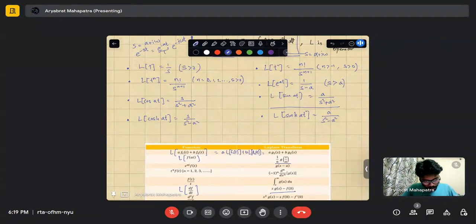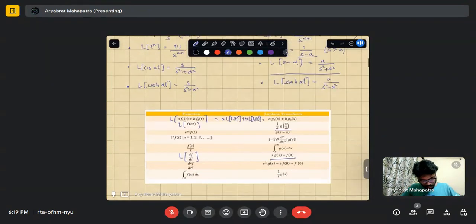We can use that property in the question we are trying to see right now. And also we have the exponential: the Laplace transform of e^(at) gives you 1 over s minus a. Using both of these, we can see how we can get that.